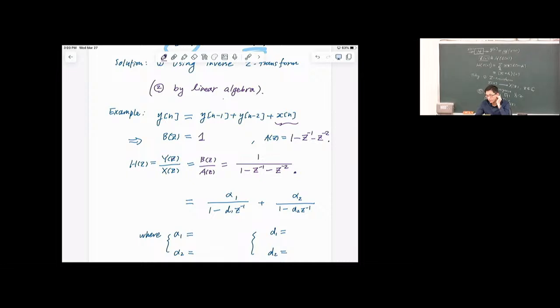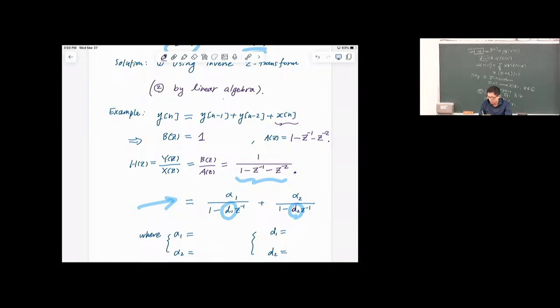From here, this next step is the key step. We want to make this decomposition or factorization. It turns out that when we have a polynomial here, we need to find the roots, d1, d2, the roots of a of z.